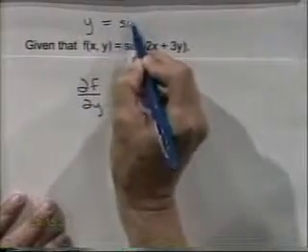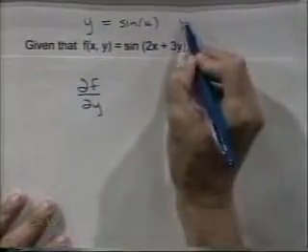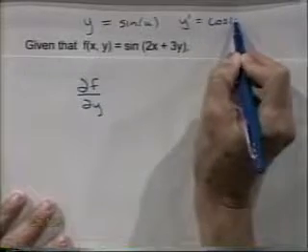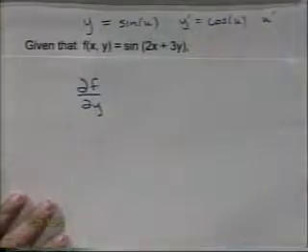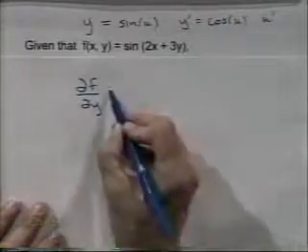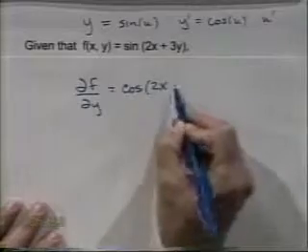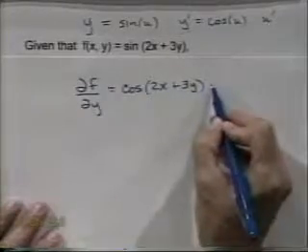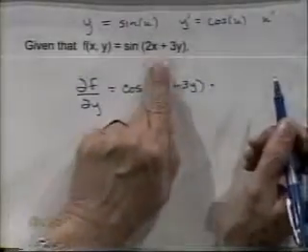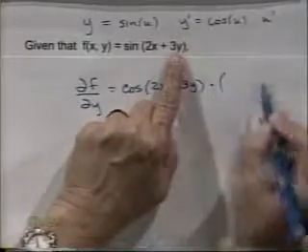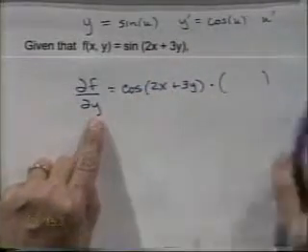And you guys remember from your Calc 1 days, if you have y equals sine u, its derivative is cosine u times the derivative of what's inside. So that's exactly what we're going to do here. The partial of f with respect to y is, since we've got a sine u, the cosine of our angle times, we are differentiating 2x plus 3y with respect to y.